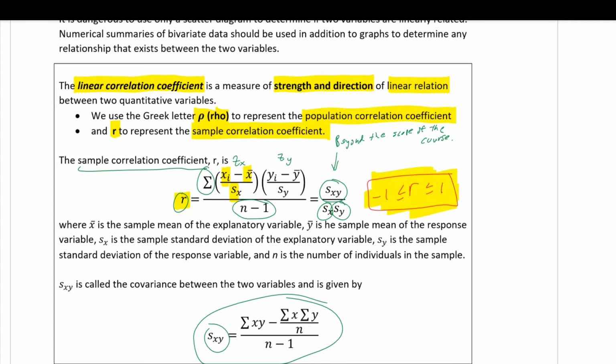This sample correlation coefficient measures the strength and direction of the relationship between our two x and y variables. That value is between -1 and 1, and whatever it is gives us an idea about the strength and direction of their linear correlation. Let's go through a few examples describing that.